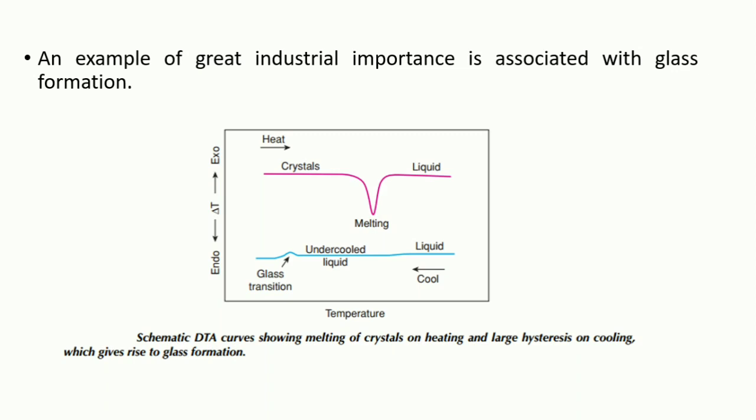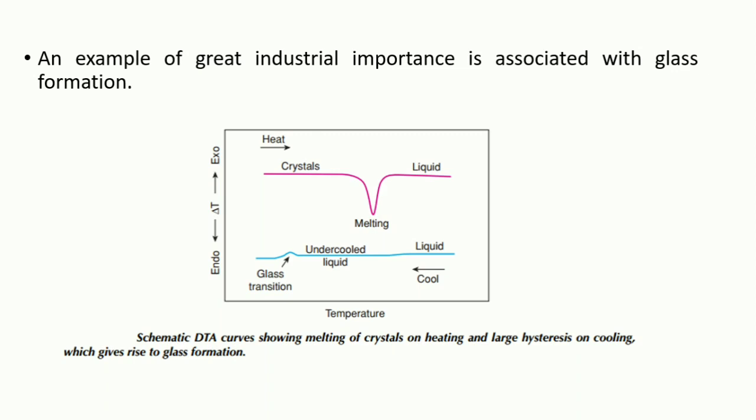Beginning with a crystalline substance, for example silica, an endotherm appears when the substance melts. On cooling, the liquid does not crystallize but becomes supercooled. As temperature drops, its viscosity increases until eventually it becomes a glass. Hence, crystallization has been suppressed entirely.